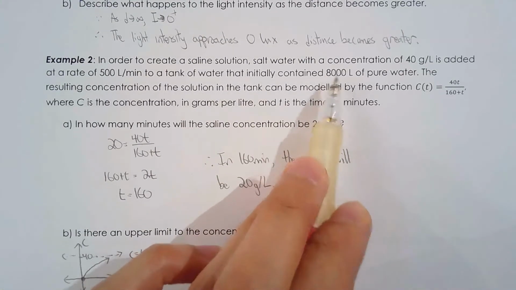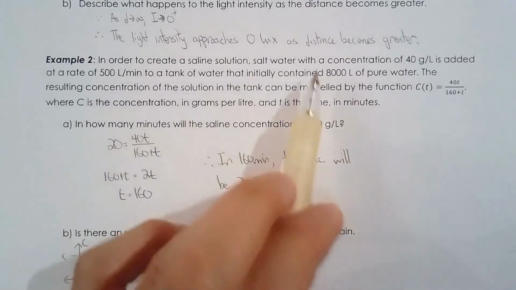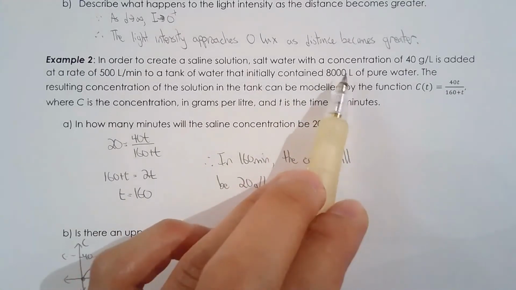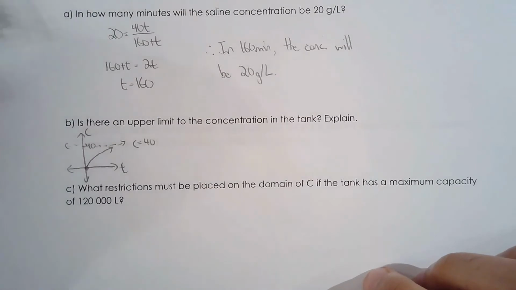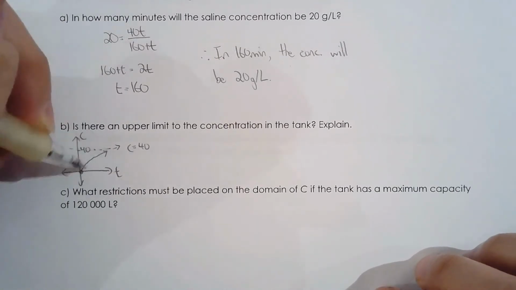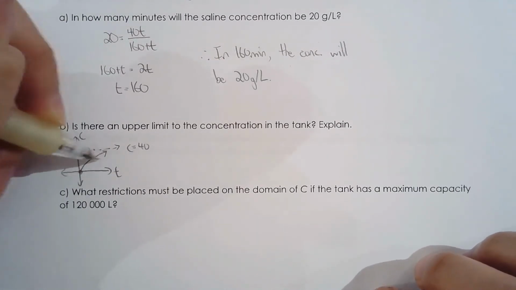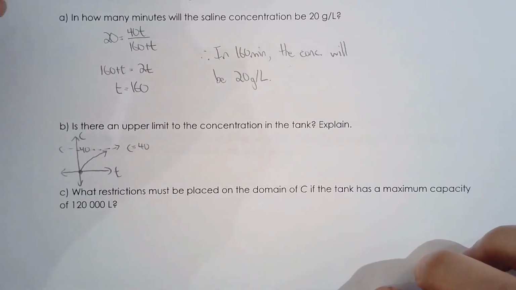That means that no matter how much of this saline solution you infuse into the tank, you're always going to have 8,000 liters diluting that solution. But saying that, imagine this tank has unlimited capacity. The concentration will get closer and closer to 40 grams per liter, but unfortunately it'll never reach it. So is there an upper limit to the concentration in the tank?